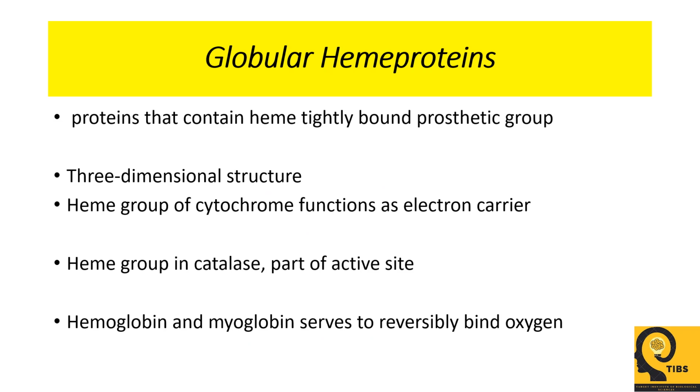Students, the globular heme proteins are called heme, as we already discussed, globular means spherical, and heme means the iron containing prosthetic group which is tightly bound to the protein. These are globular proteins with a three-dimensional structure.